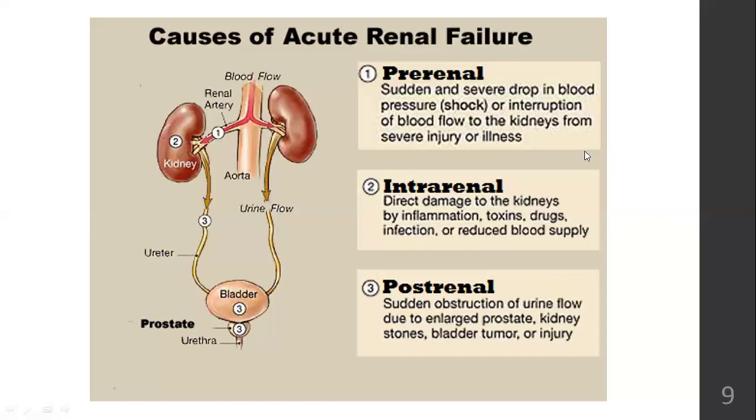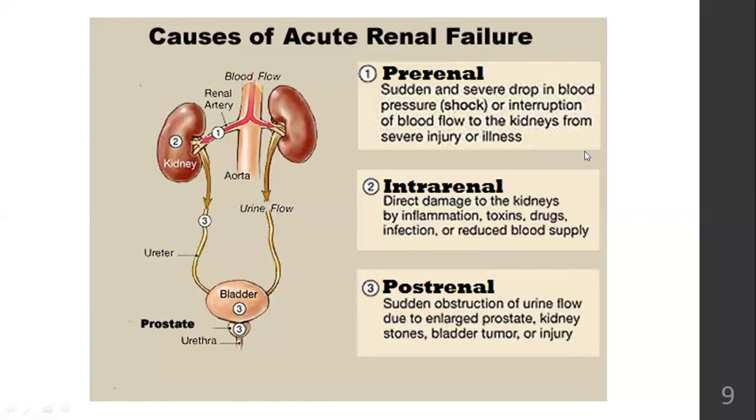Long-term use of certain drugs, persistent infection, not treating the underlying infection, or reduced blood supply. These all are the intrarenal causes. From within the kidney, something is wrong, and that led to the renal failure.